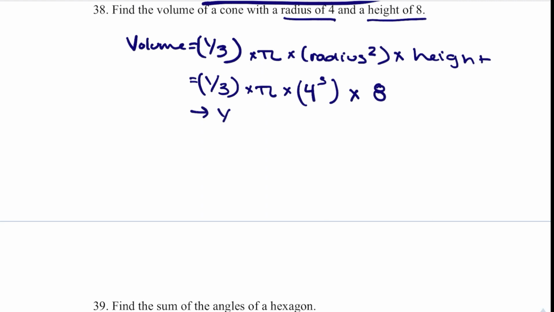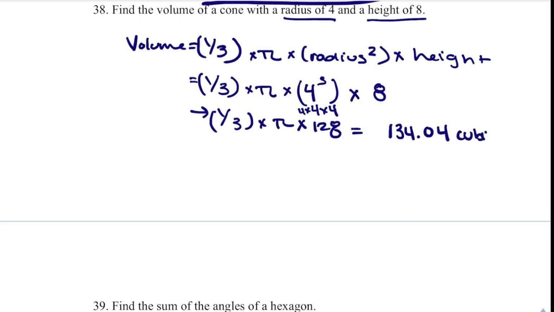All right, and this will go to 1/3 times pi times 4 times 4 times 4, which will give us 128. So we're going to plug this all into our calculator and we'll get 134.04 cubic units.